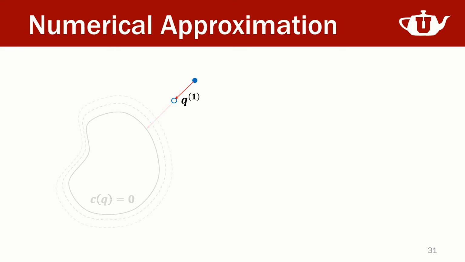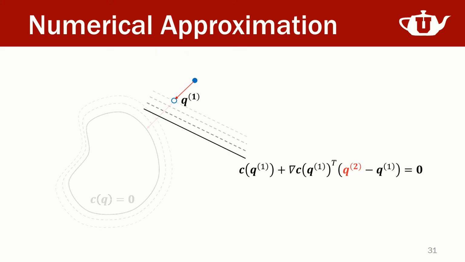We can again start from Q1, linearize the constraint here, and find its closest projection Q2. Note that now Q2 is completely blind of Q0. It only sees Q1 and the linearized constraints at Q1. We keep doing this until we find a solution on the C(q) equals 0 manifold.